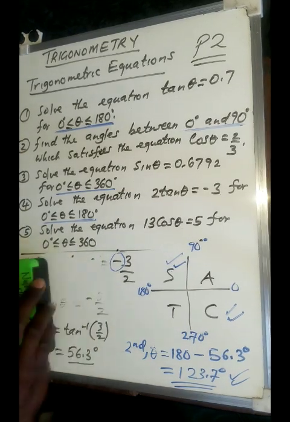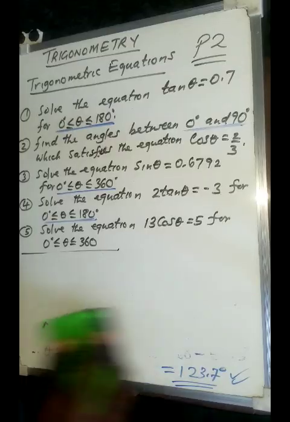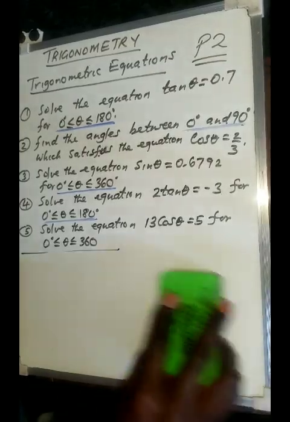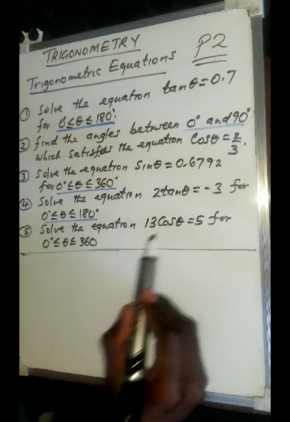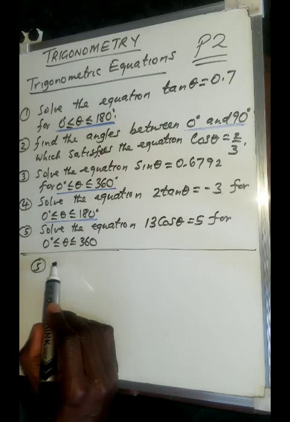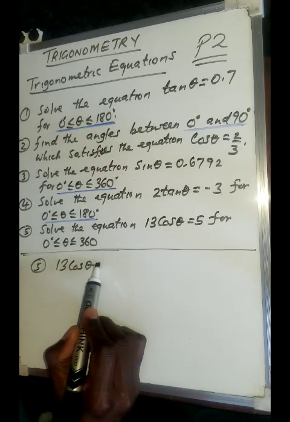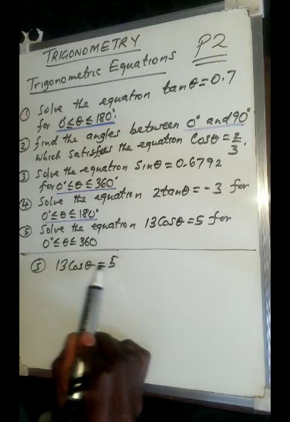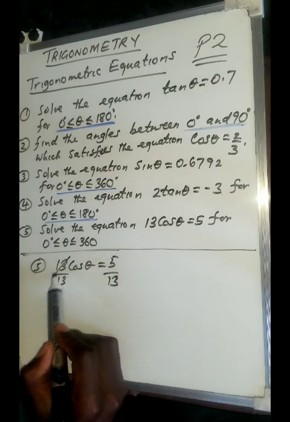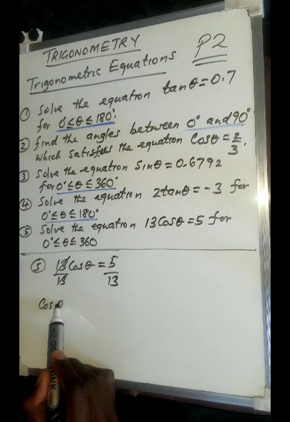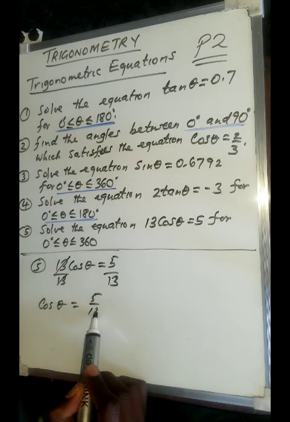Right, let's do our last question under these trigonometric equations. Number 5 says to solve 13 cos theta is equal to 5. So remember what I said. First of all, you work that out so that you just remain with cos theta, which is equal to 5/13.